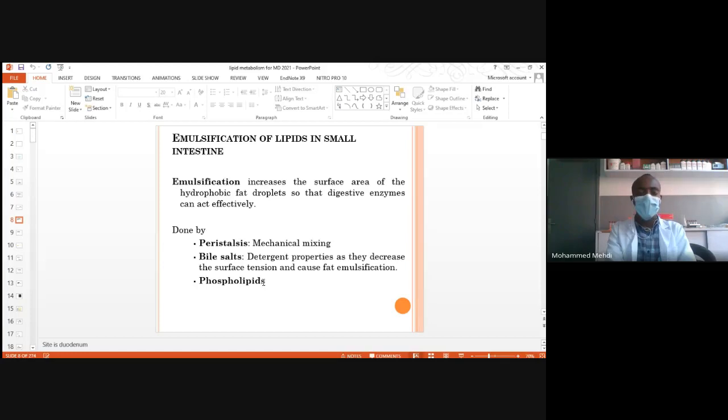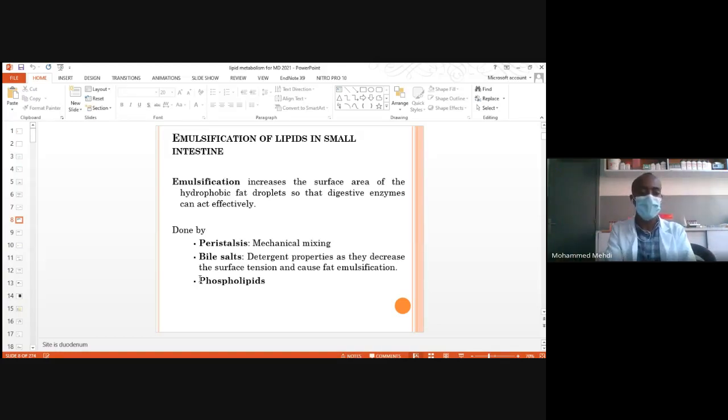Phospholipid, again, is amphipathic. It will have polar and non-polar parts. Using the polar part, it will interact with the polar solvents. The non-polar part binds to the lipid part or fats. As a result, we'll have interaction between polar and non-polar using this mediator.